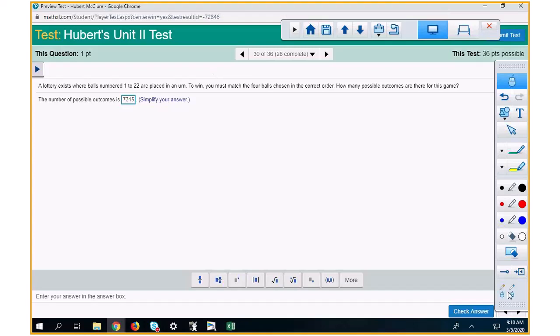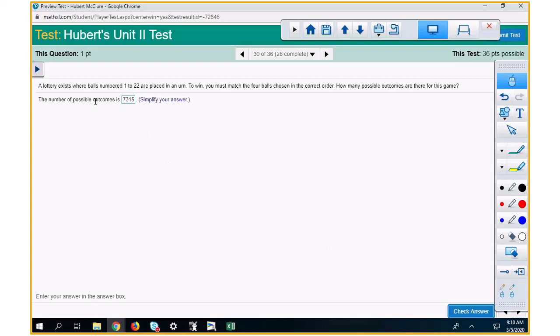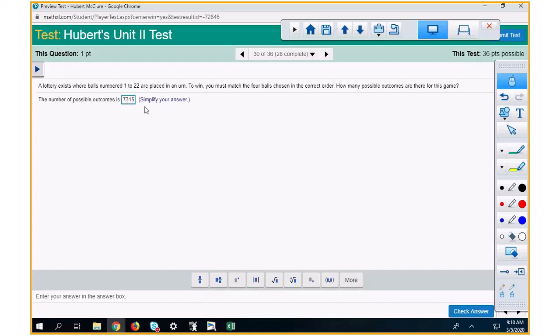Is that what everybody got? Try it again. 22 combination of 4. Unless they want a 1. If they want a 1, they haven't done it in the problem right, because that 1 should be in there. Did you get 7315 again? Yes. Okay, then give me 1 over 7315.